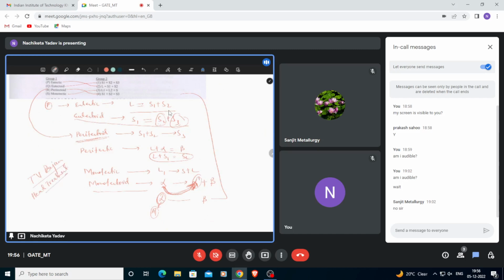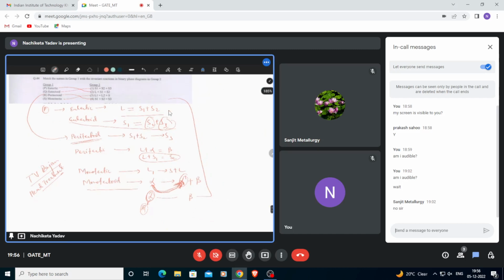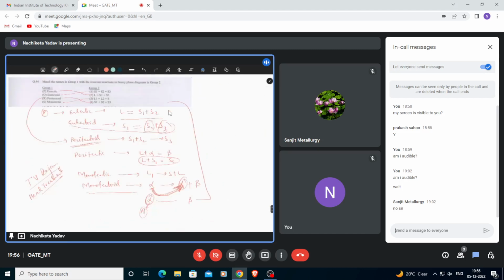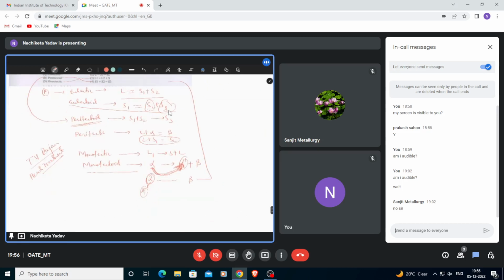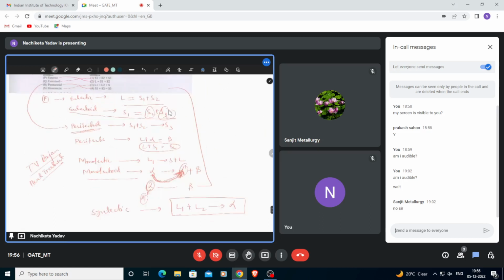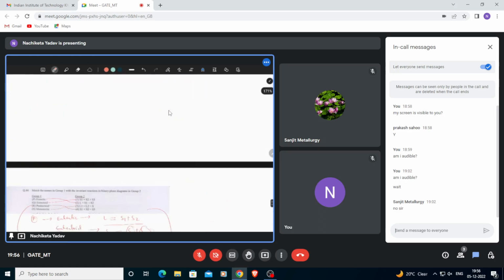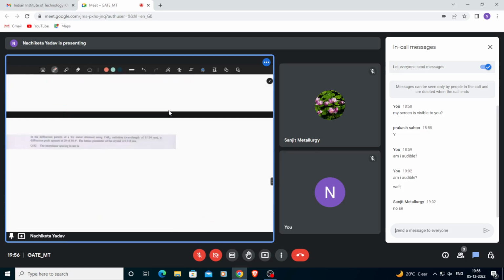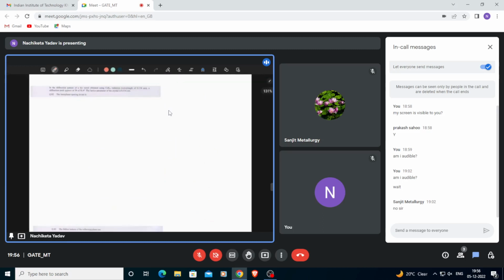So whatever questions will be asked will be based on these six reactions. There is also one syntectic, where two liquids will convert into one solid. Okay, you try for this question also. After that we will continue.